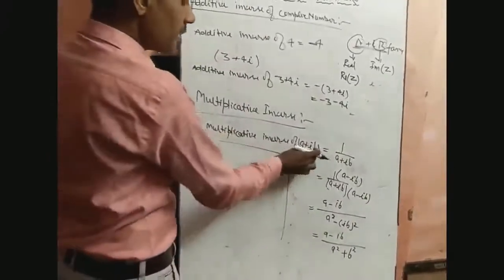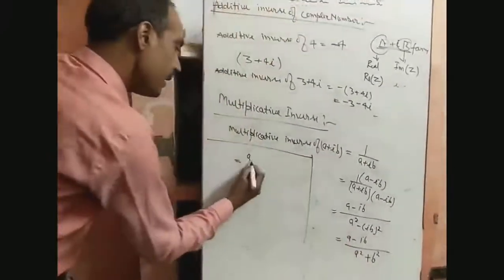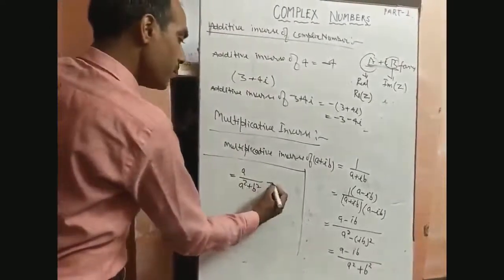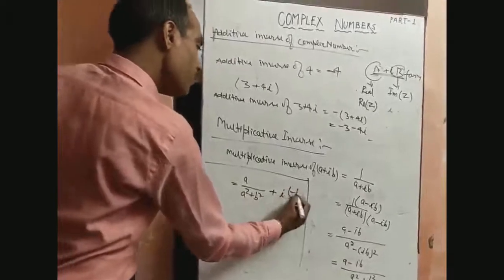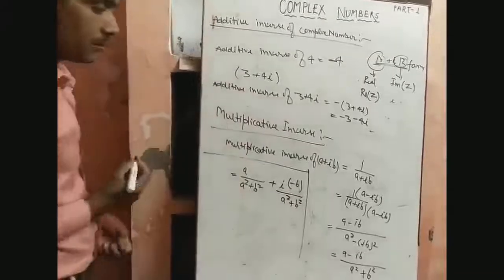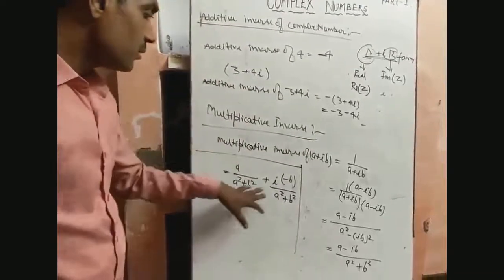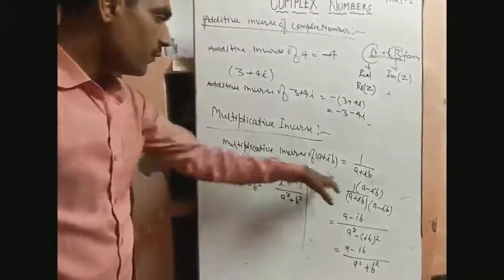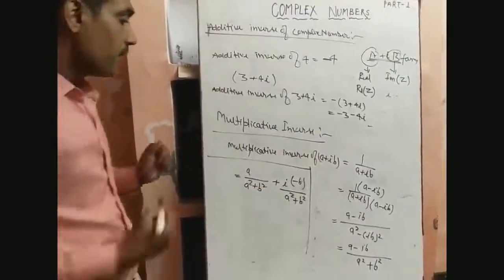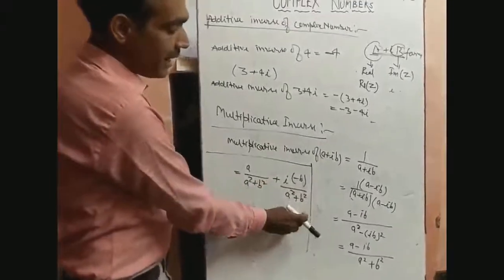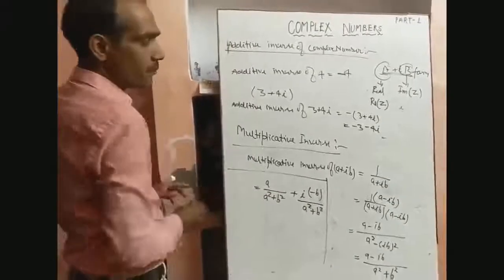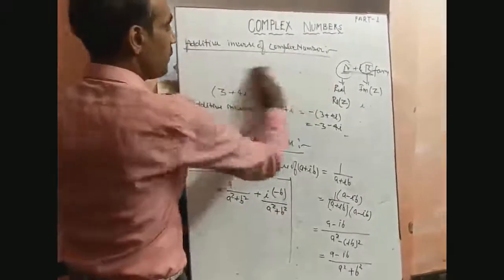The multiplicative inverse of this is equal to a upon a square plus b square, plus i into minus b upon a square plus b square. This is the solution of the multiplicative inverse of a plus ib. Okay, and this formula you can use directly in any question. Okay, try to use this formula in any question.